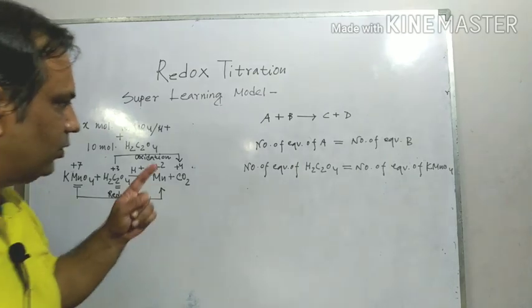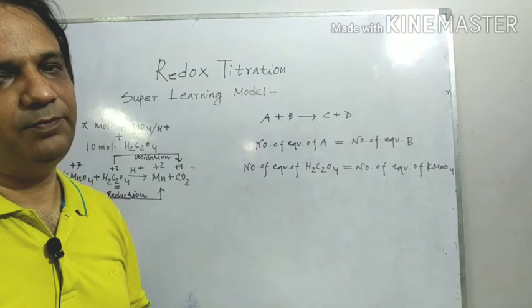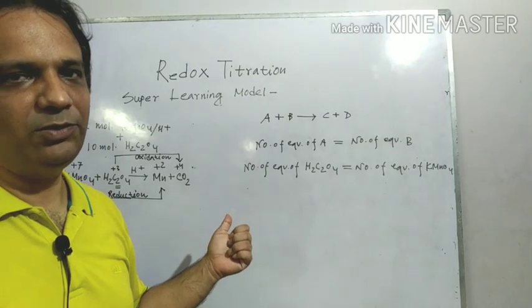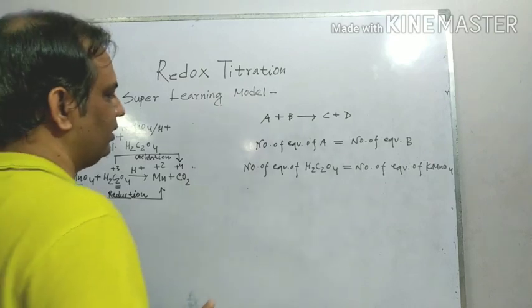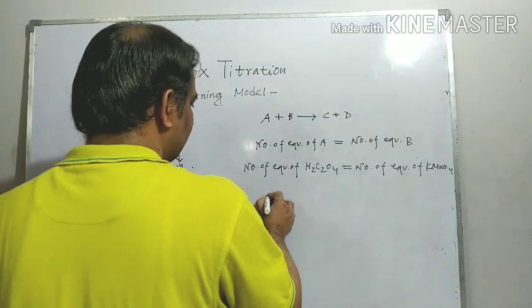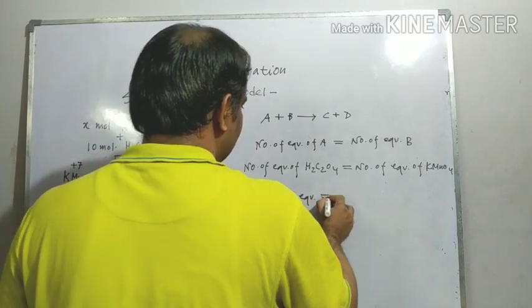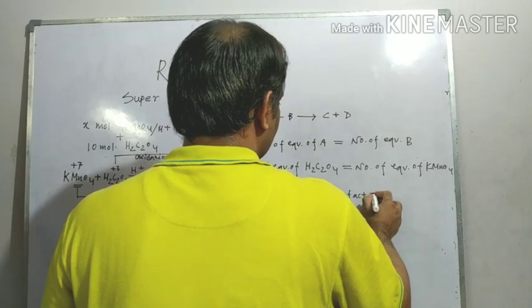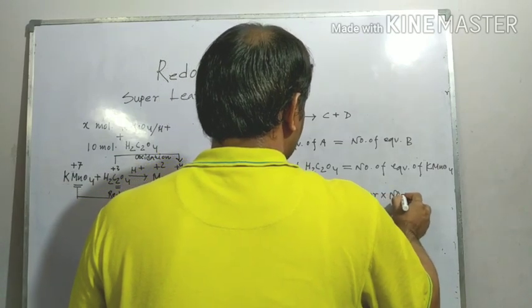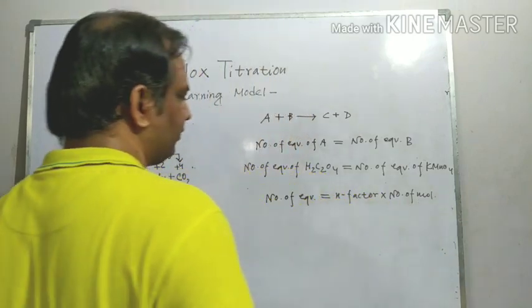Now, what is the relation between number of moles and number of equivalents? I have already told you in the application part; some mathematical tools were there. Number of equivalents is equal to N factor into number of moles.